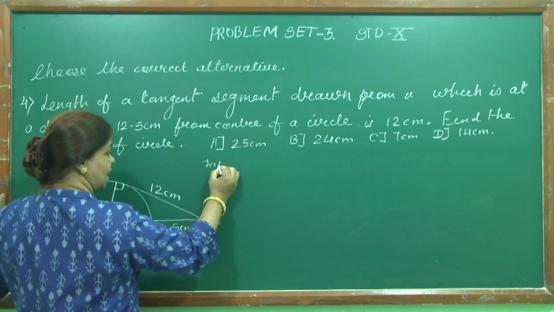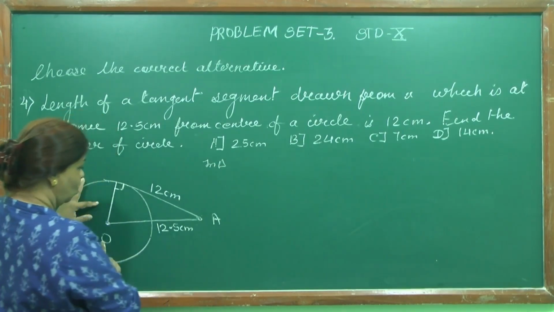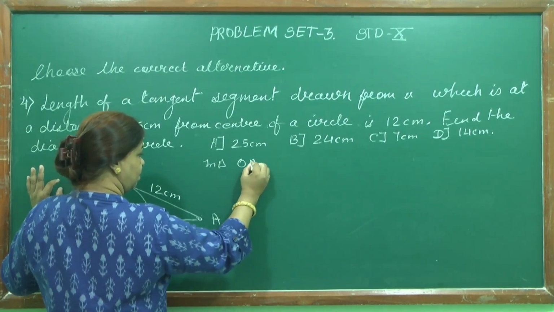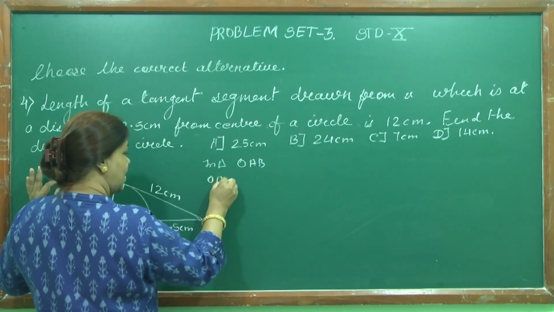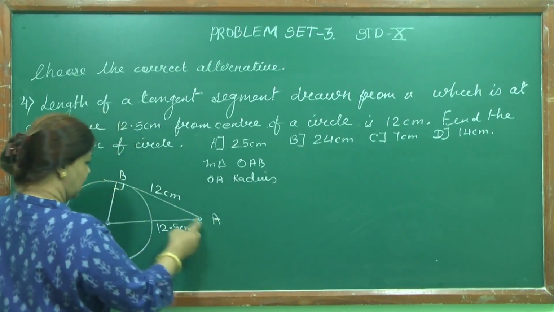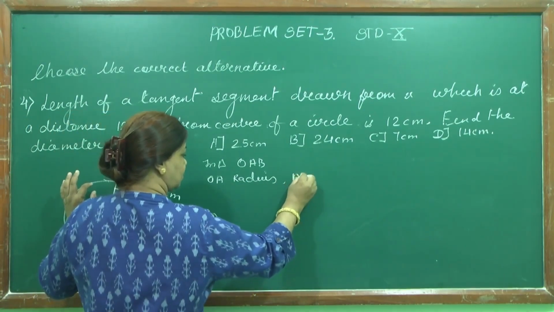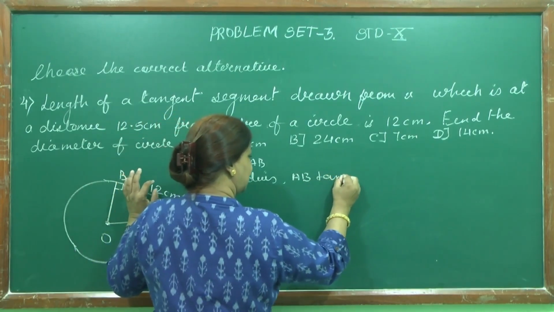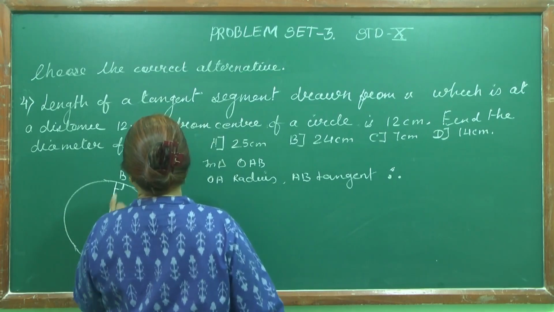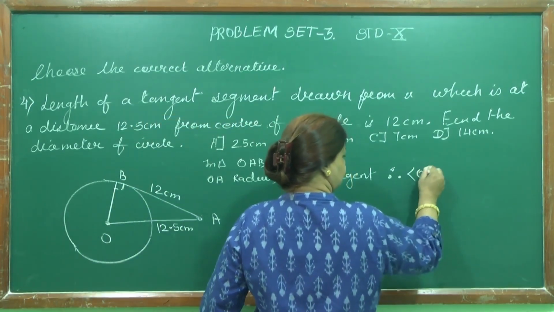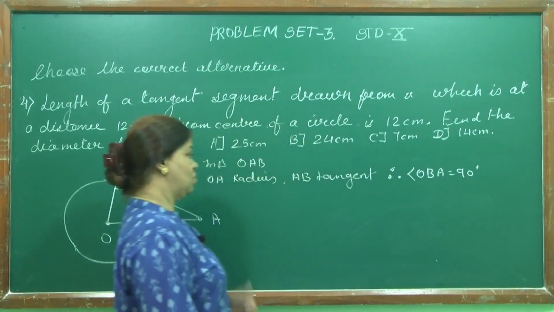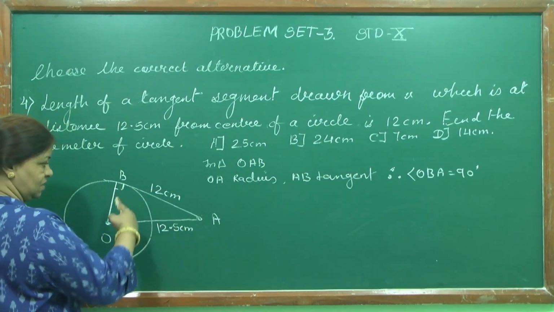So in triangle OAB, OA is the radius and AB is the tangent. AB is a tangent, and therefore angle OBA will be equal to 90 degrees. So I can use the Pythagoras theorem in this.